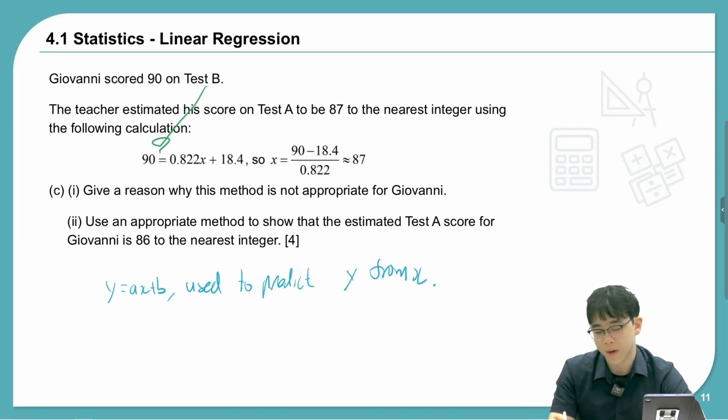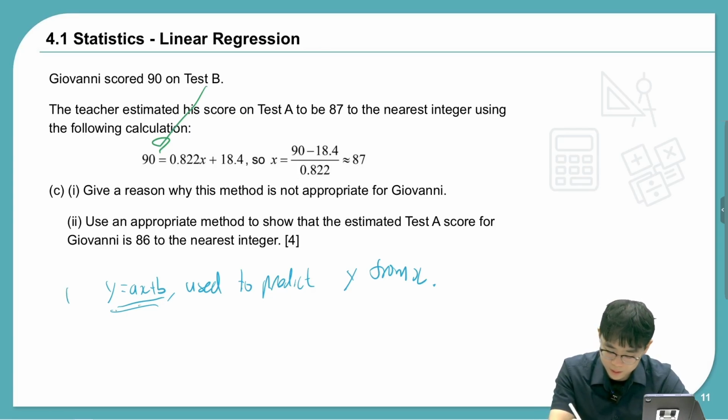If you know what someone got on test A and put that into this equation to get what he would score on test B, that would be fine. But in this case, we're using the Y value of 90 to predict the X value. So it's not appropriate. We would have to do that again.